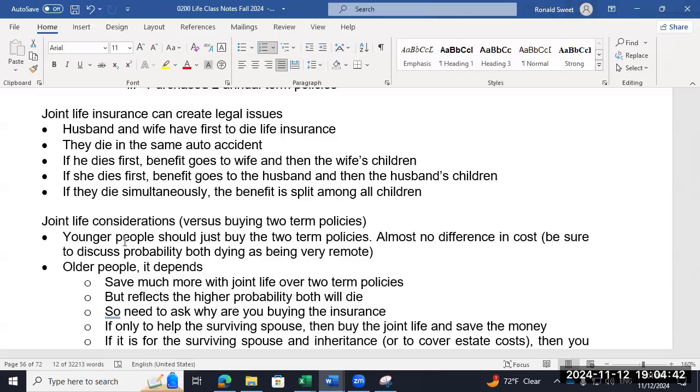Now the insurance company has to decide who died first, within a second. Because if the husband died first, the life insurance goes to the wife and to her estate. If the wife dies first, the insurance goes to the husband and his estate. So if they die almost at the same time, you've got to figure out who died first so they can figure out which estate it goes to. I don't know how often that's happened. Historically, I'm sure it's happened at least once, and that can be an issue.